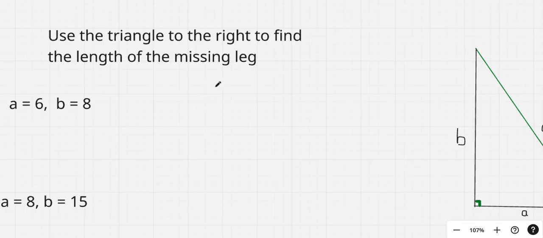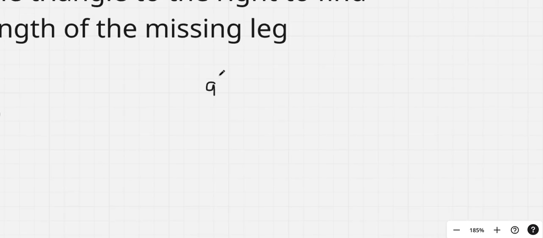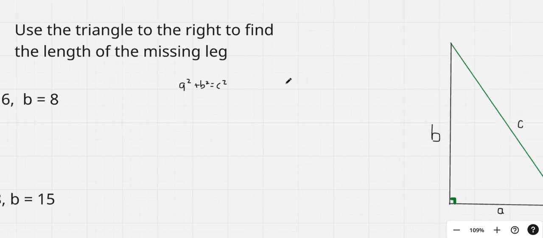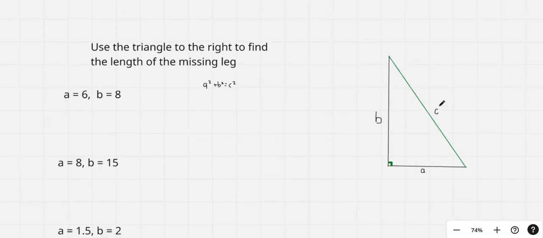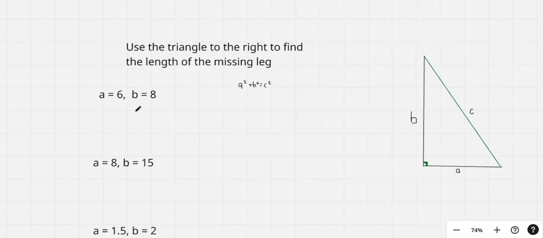Now let's remind ourselves, the Pythagorean theorem is a squared plus b squared equals c squared. And we've already defined in this diagram that c is our hypotenuse. So here we have a squared plus b squared equals c squared.